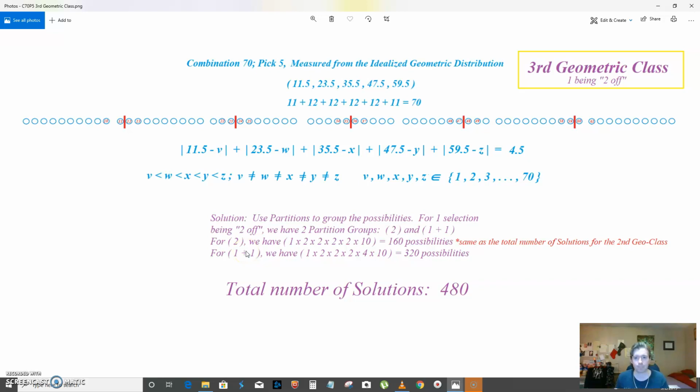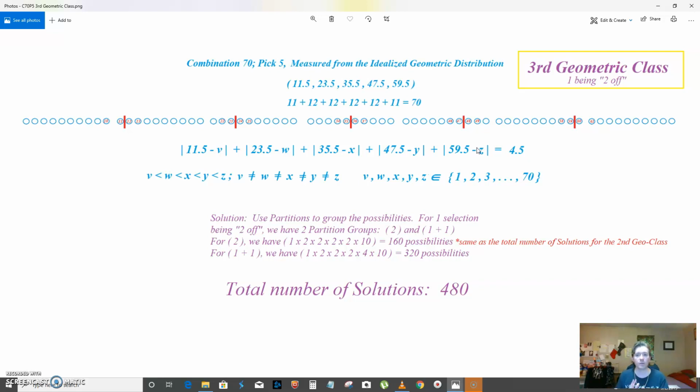And I guess just with expanding one off on either side, you're able to get up to elements of the sixth geometric class.